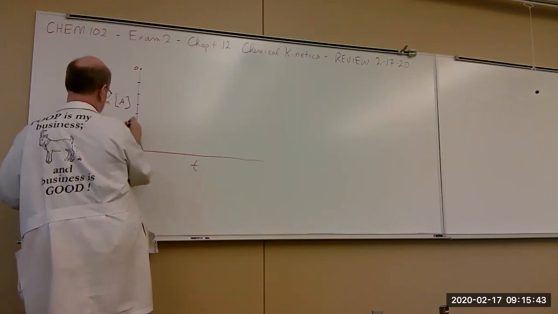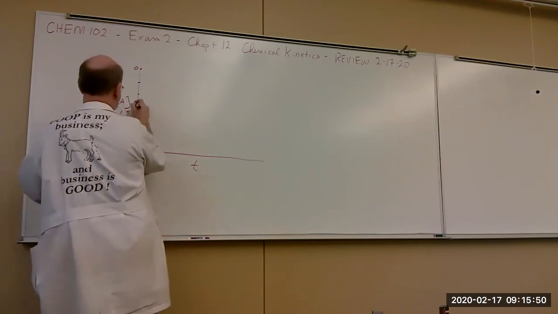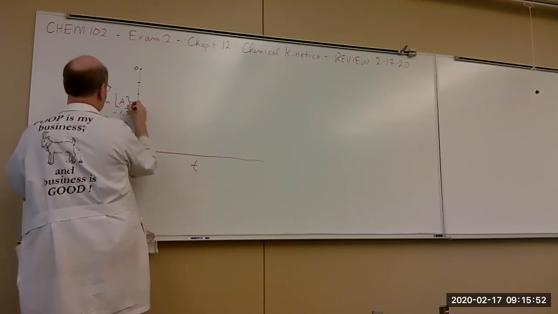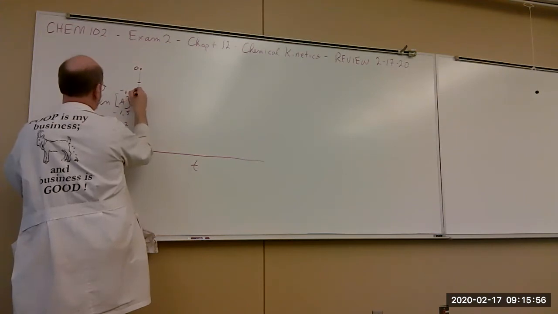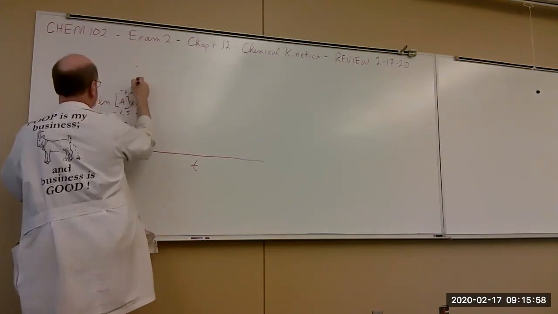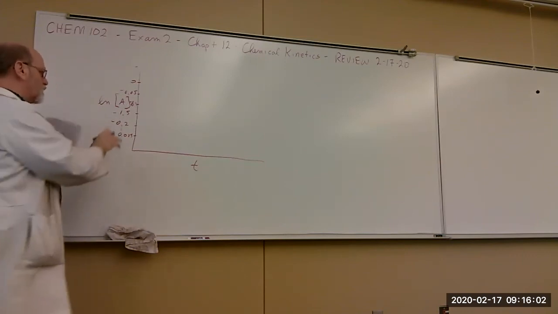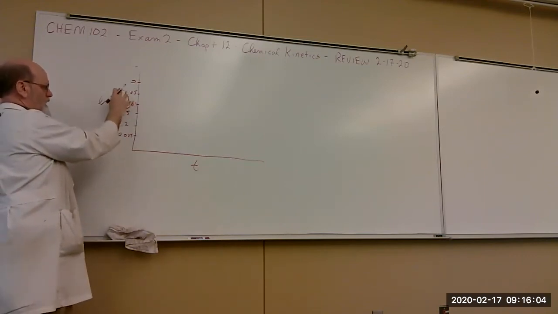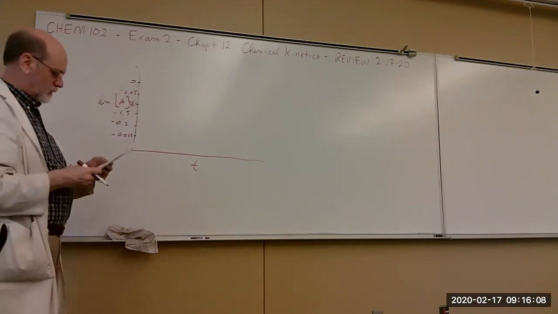Negative 2, negative 5, negative 1, 0, 5. If you calculate the natural log, negative numbers are not unusual.